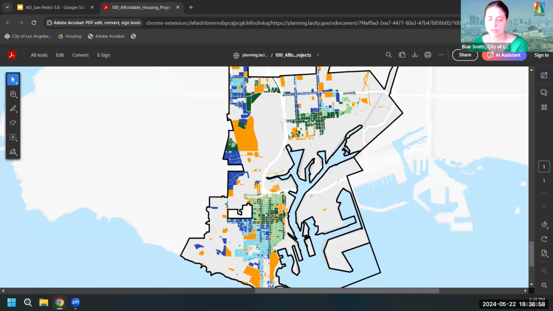And I think the question is, how do we relate this to San Pedro? So today in linkage fee market tiers, San Pedro is a low residential market, which means it's in the lower affordability set when you're looking at that table in the ordinance. I think we were a medium market when it came to commercial property.